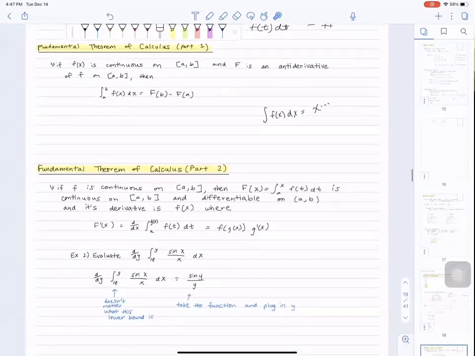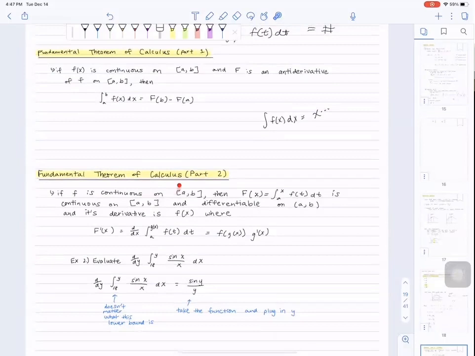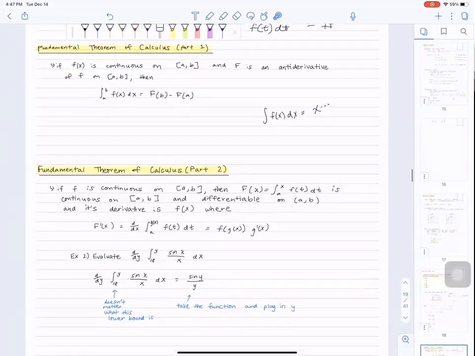The other part of the fundamental theorem of calculus gives you a shortcut for finding the derivative of an integral. This is important in one of the examples I'll go over later. If it asks for the derivative of some integral, the answer is exactly the same function as you have inside.